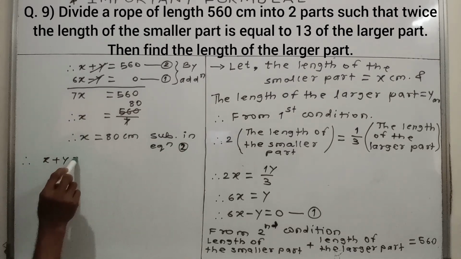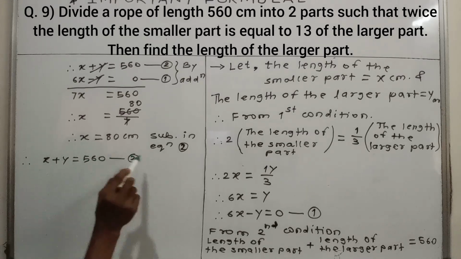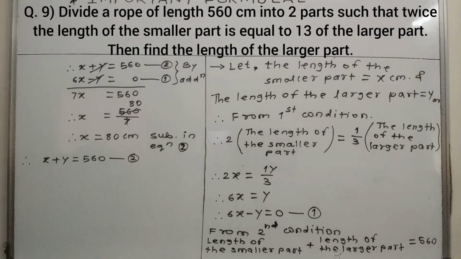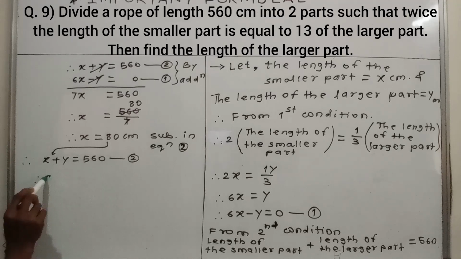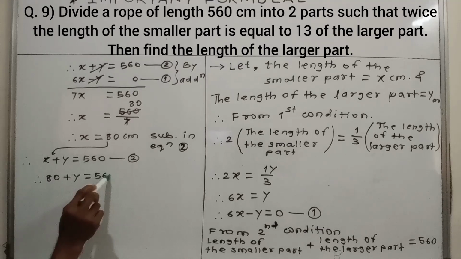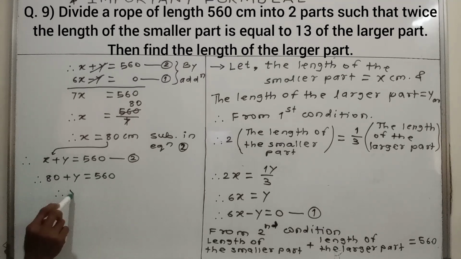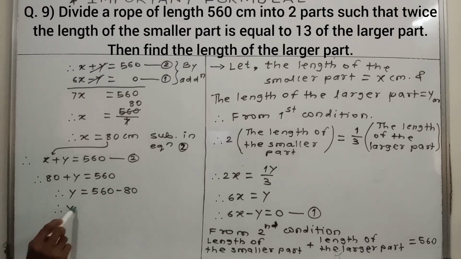So, x plus y is equal to 560. Substitute in that simple one. What is the value of x? We put here 80 plus y is equal to 560. Therefore, y is equal to 560 minus 80. Therefore, y is equal to 480. Did you get it?